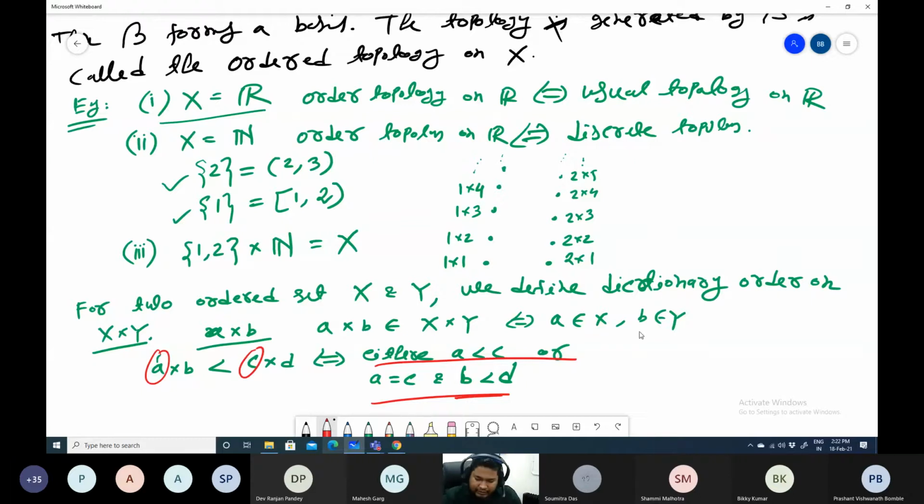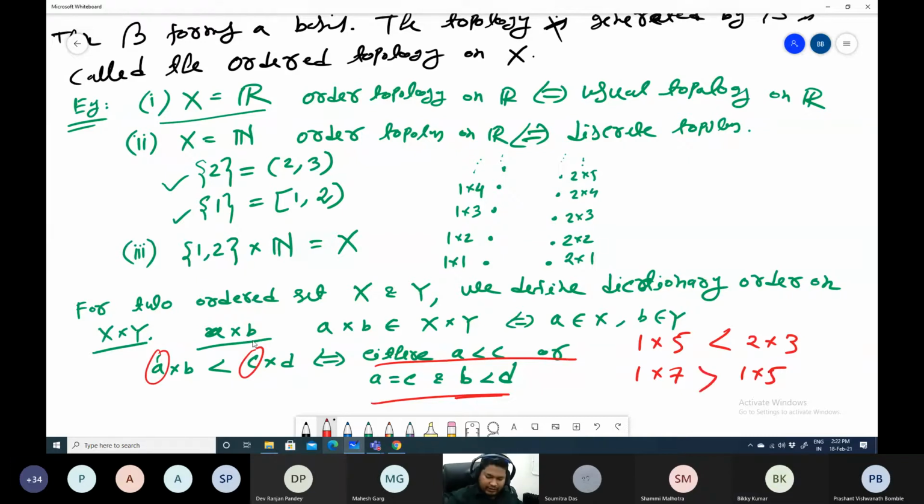So if we take say 1 cross 5 and 2 cross 3, tell me which one is bigger? 2 cross 3. This is bigger. Now if we take 1 cross 7 and 1 cross 5, which one is bigger? 1 cross 7, right?